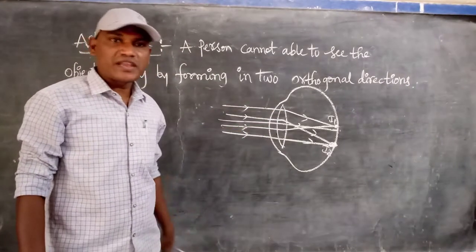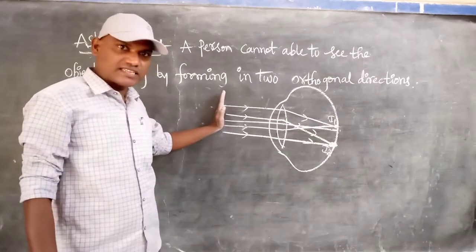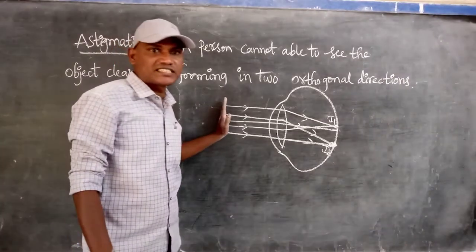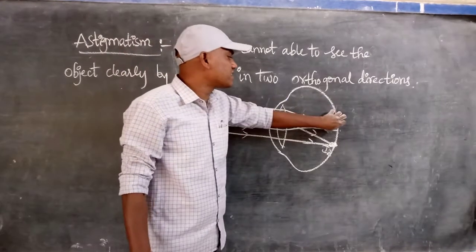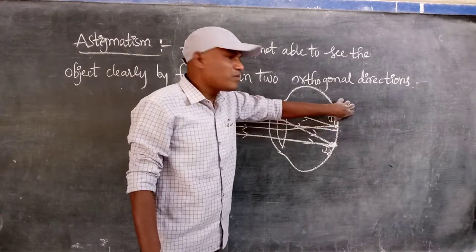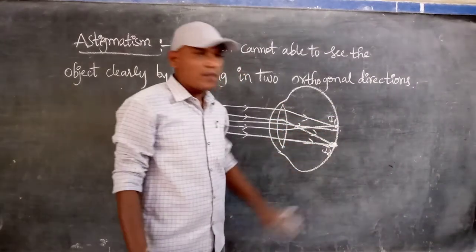Then what will happen here? Say the total 10 rays are 100% of the intensity of light. 50% of the intensity forms one image at one side, and the remaining 50% forms an image at another side.